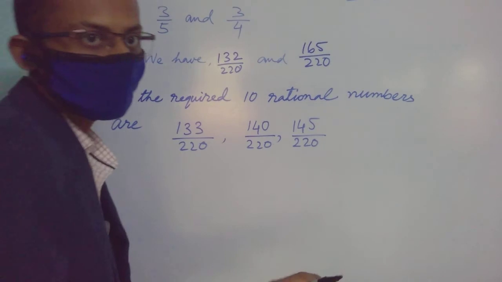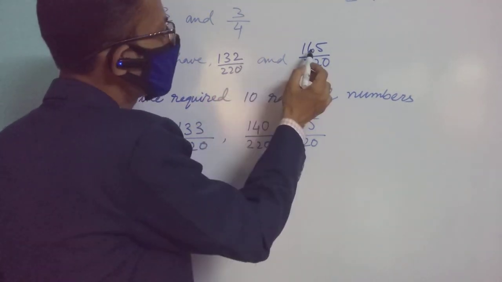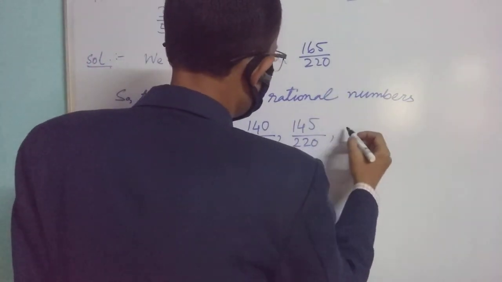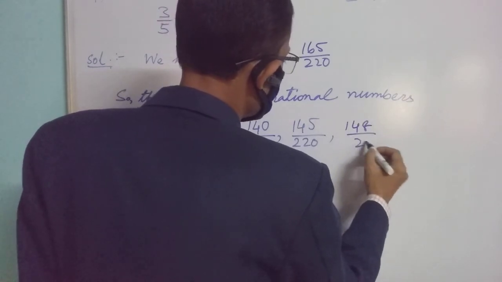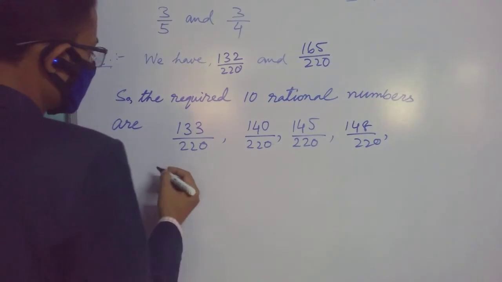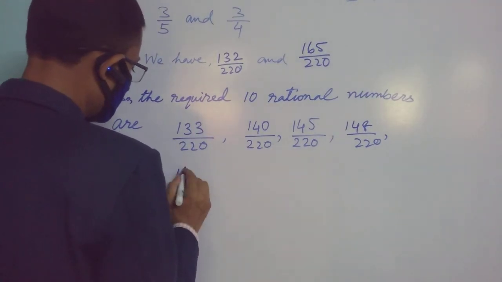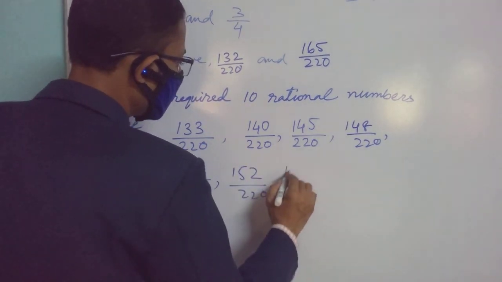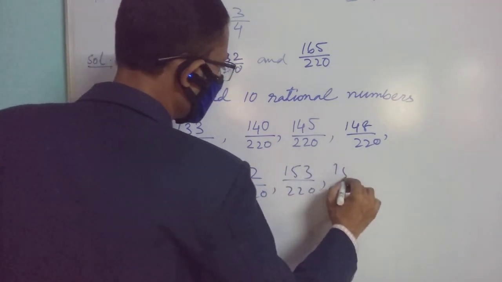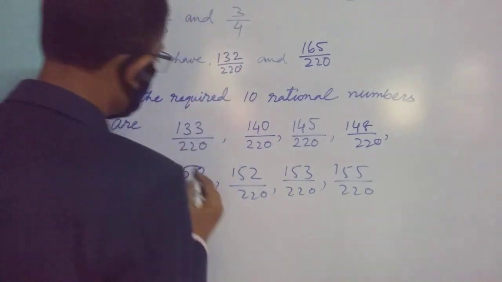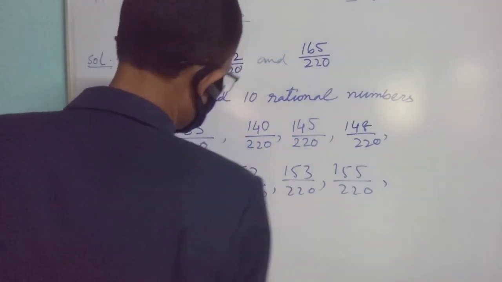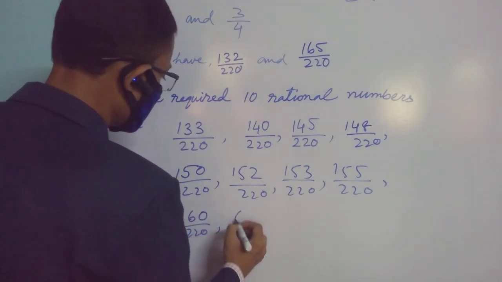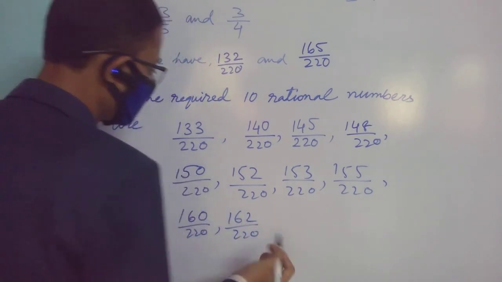You can choose any other numbers, whatever your choice is, but that should be more than 132, less than 165. 150 by 220, 152 by 220, 153 by 220, 155 by 220, 160 by 220, 162 by 220. 10 rational numbers.